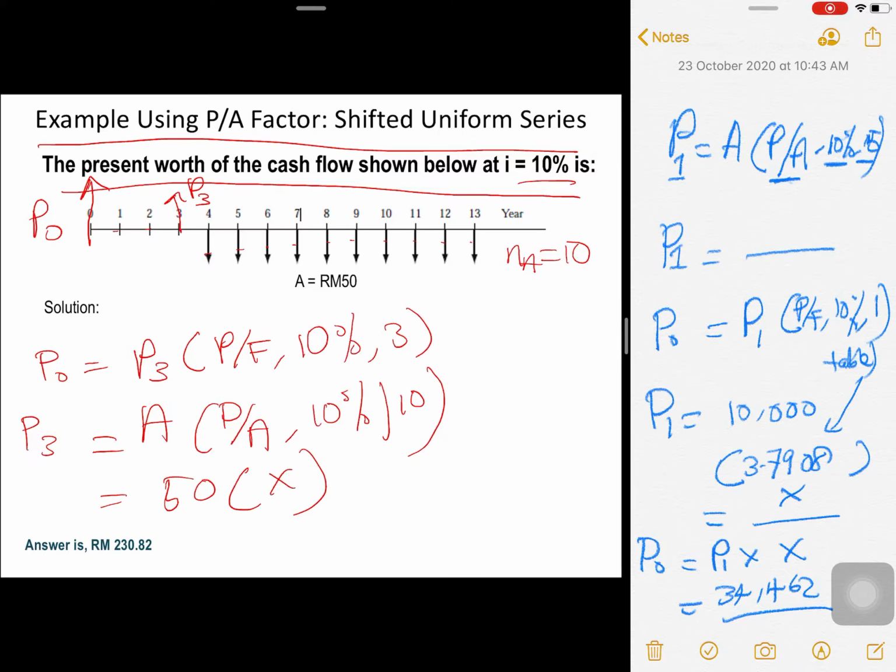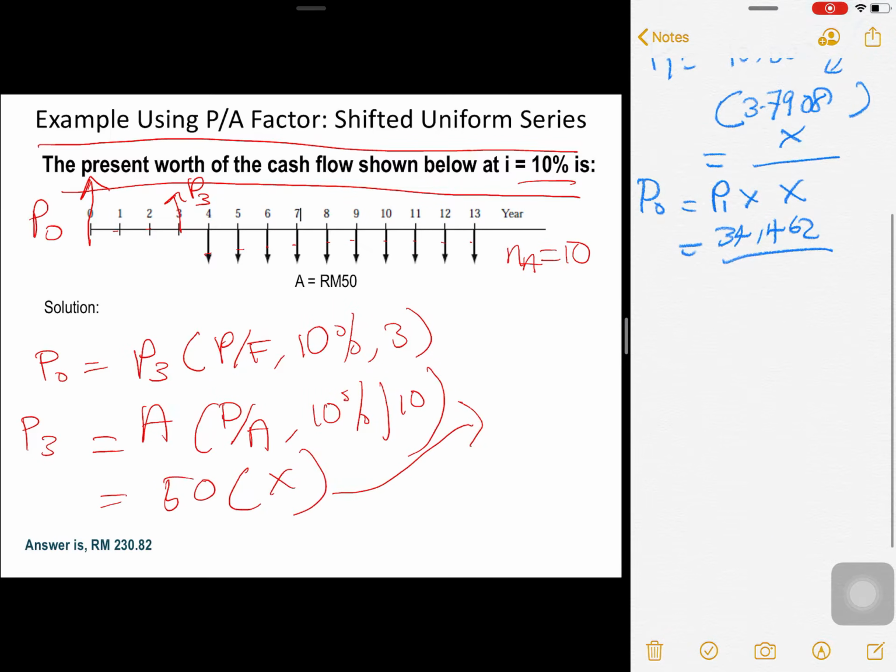So 10 times X. And now you solve for P0. P0 equals to P3 times P over F. Find the value of P over F and you should get the answer.